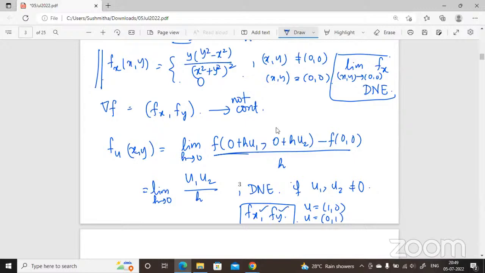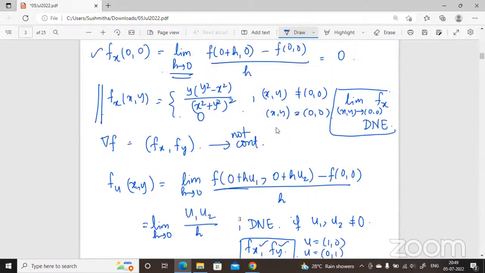But it's already established that it does not exist up there? Fx exists, but it is not continuous.